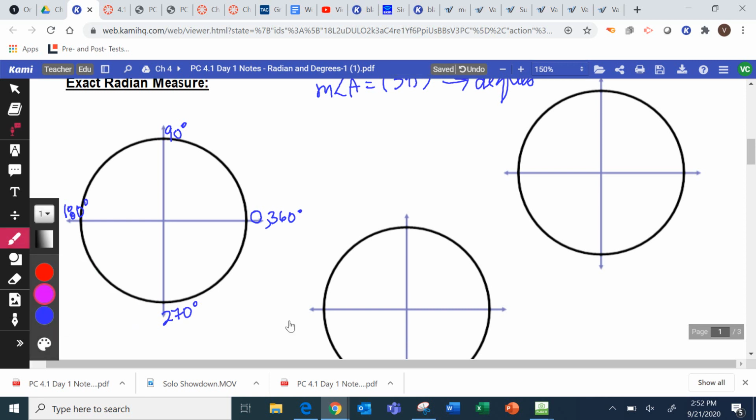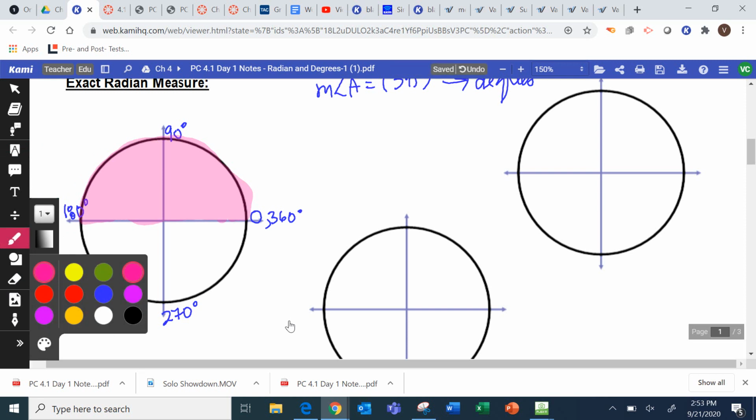If I think about radians, the way I do it is I think about the top half of the circle. I'm going to take these numbers in degrees and write them as radians. So 90 degrees plus 90 degrees, these are each 90-degree sections, equal 180. We know that 180 is pi because 360 is 2 pi.